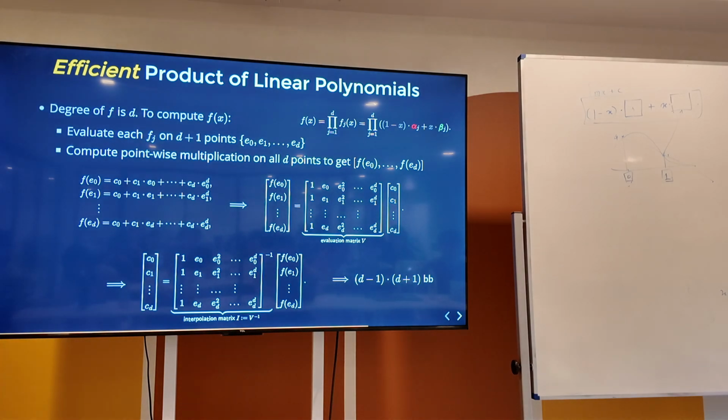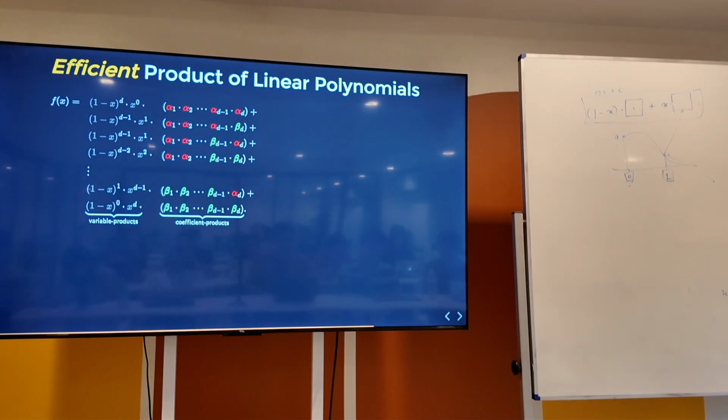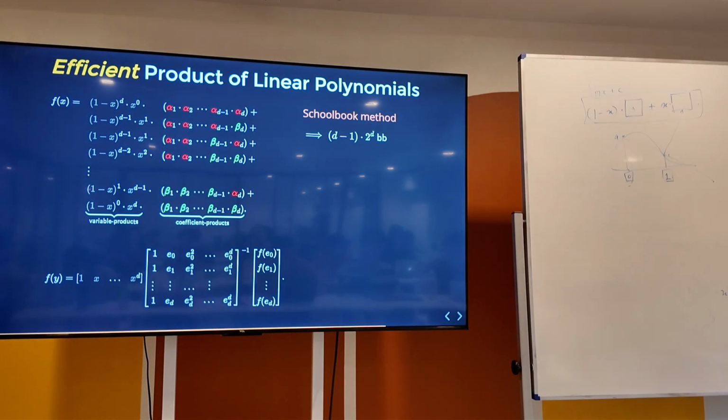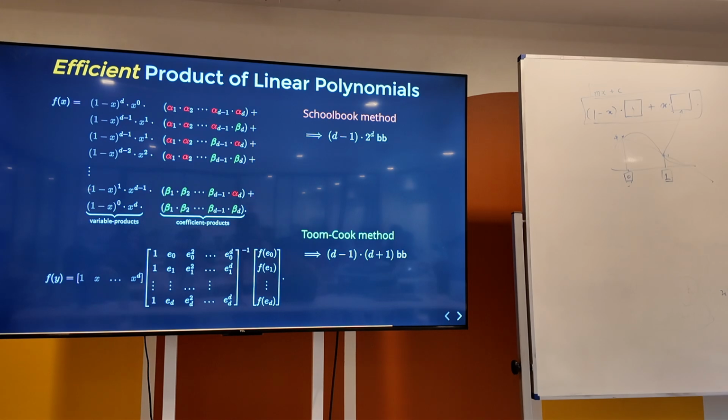So it's effectively just multiplication in the evaluation form. So this is a comparison. First method is called schoolbook, or there's lots of names. It's the naive method. And the second method is called Toom-Cook method. It's based on the Toom-Cook idea, but we have basically extended the idea of Toom-Cook to a more general scenario.